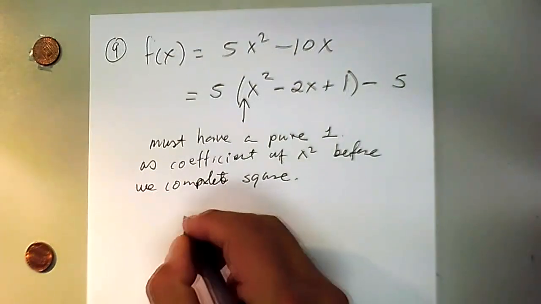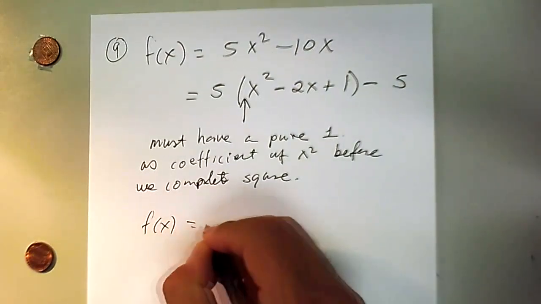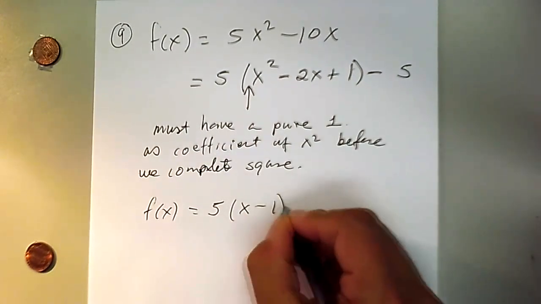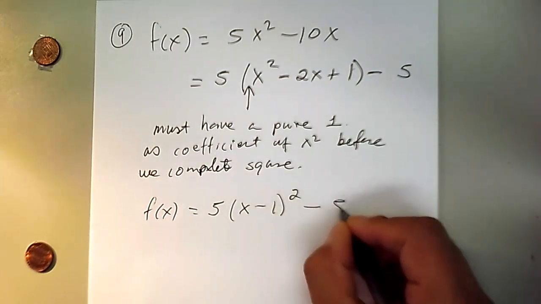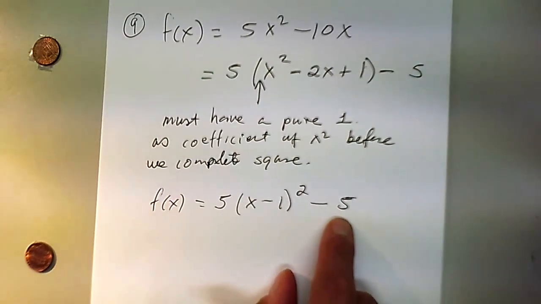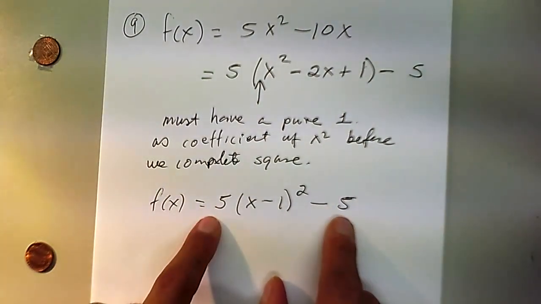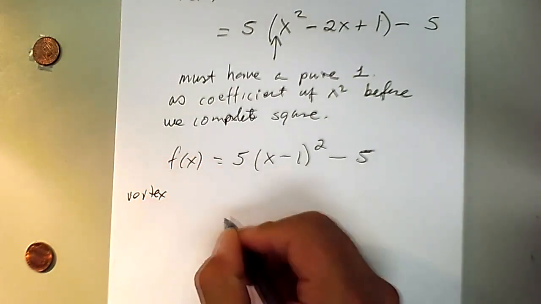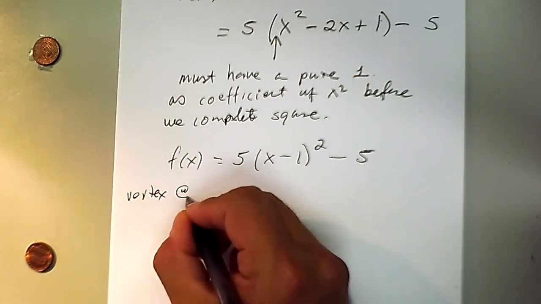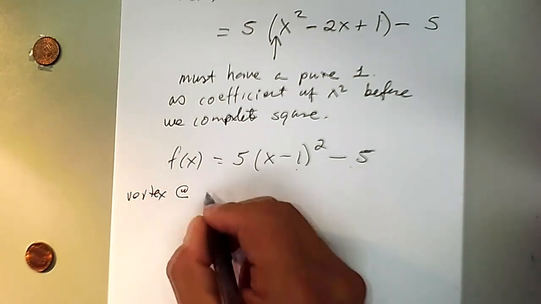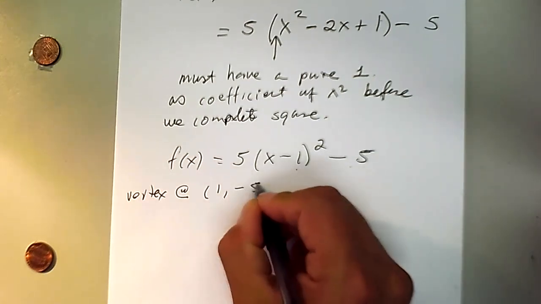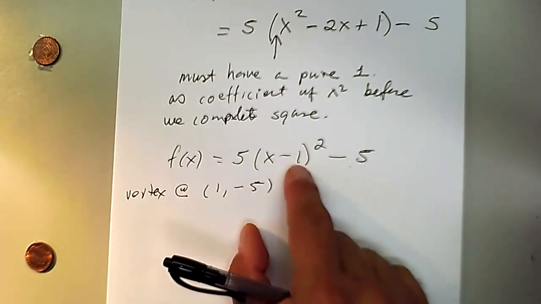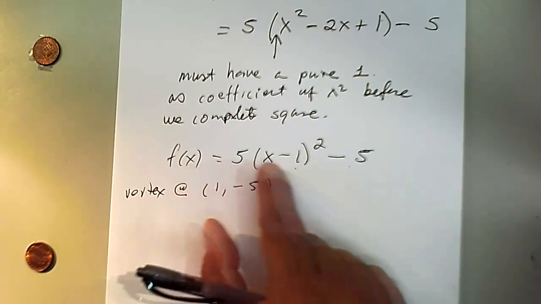All right. So f of x can be written as 5 times x minus 1, quantity squared, minus 5. That is a little confusing, this 5 and that 5. We got two 5s. Where's the vertex? The vertex is at 1, negative 5. This 5 does not affect the vertex once we have it written this way.